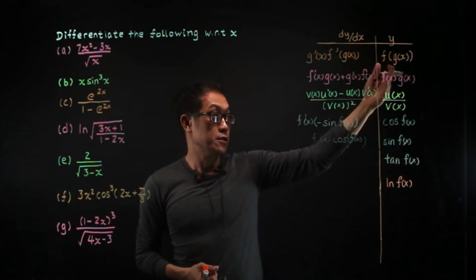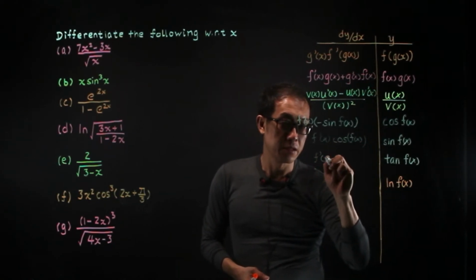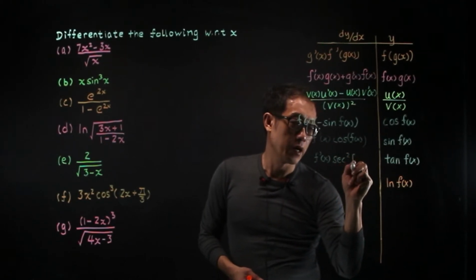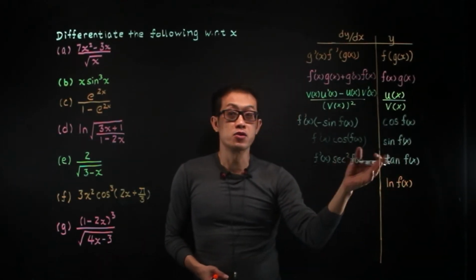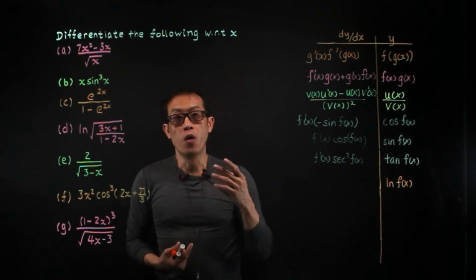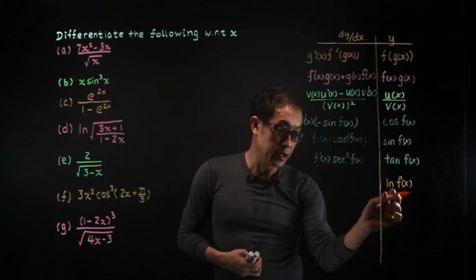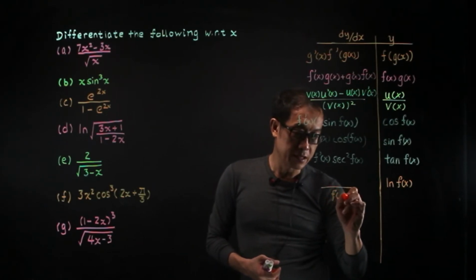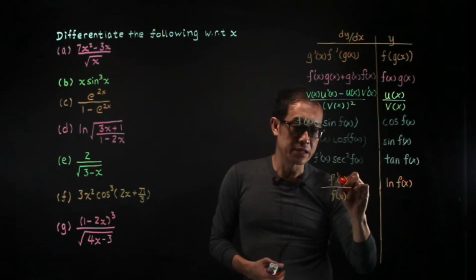If you apply the chain rule, you will have f prime of x followed by secant squared f of x, because differentiating tangent x gives secant squared x. Now how about this? Differentiating ln x gives 1 over x. So if you apply the chain rule, you differentiate the ln first, you will have 1 over f of x. And then you differentiate f of x, you have f prime of x.